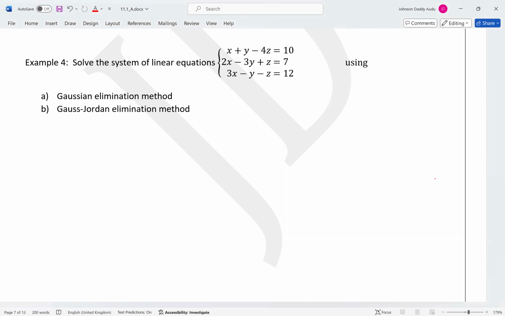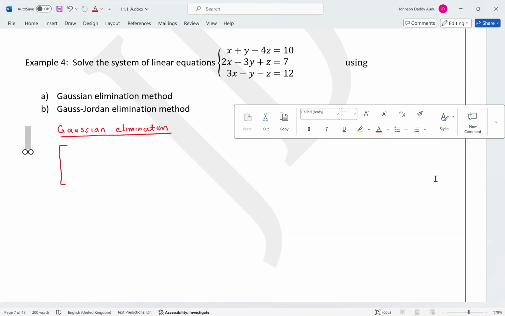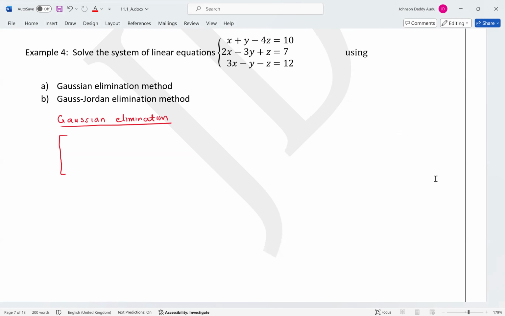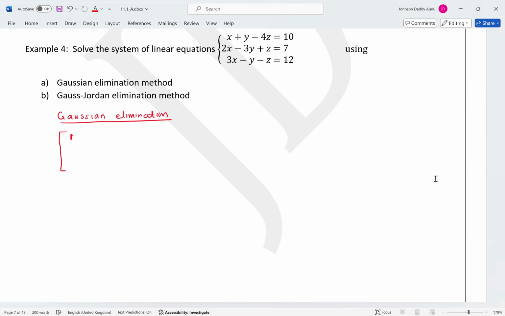We will start with Gaussian elimination. The first thing we do is to form the augmented matrix. So here you have a 3 by 3. The coefficient for x is just 1. For x it's a 1. Then 2.